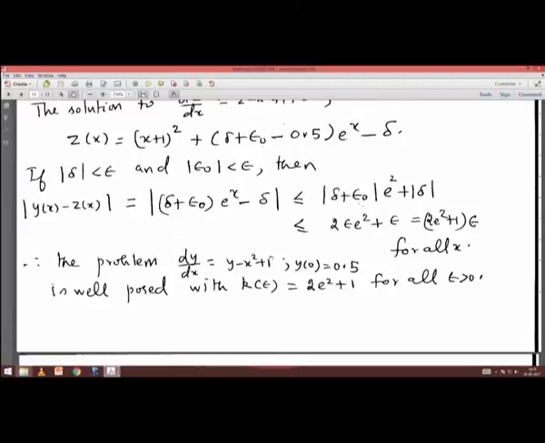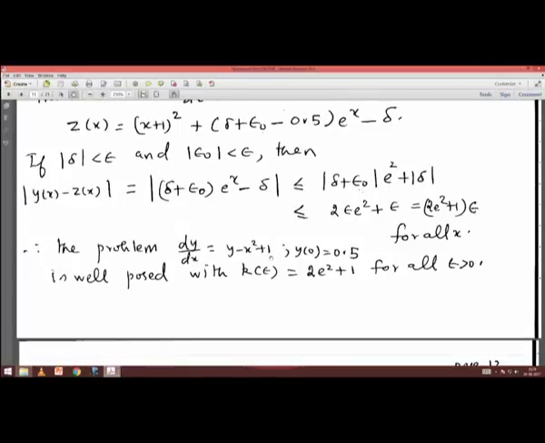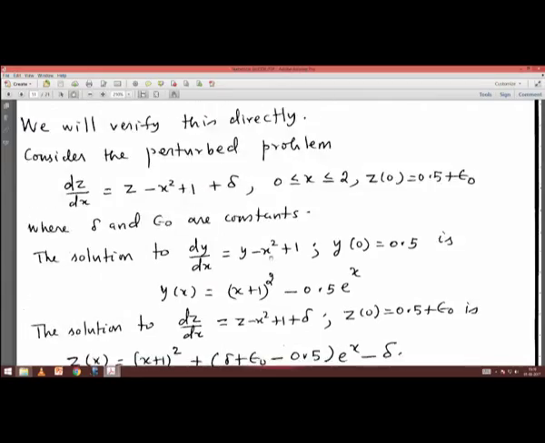So, this is less than or equal to twice epsilon into e square, because mod delta is less than epsilon and mod epsilon naught is less than epsilon. So, 2 epsilon e square plus epsilon, which is 2 e square plus 1 into epsilon. Recall, we should be able to find k of epsilon.